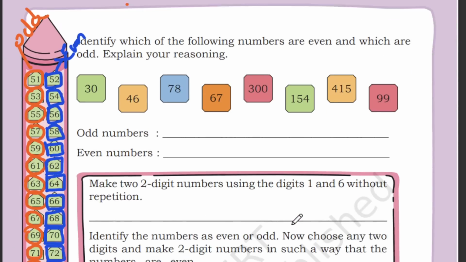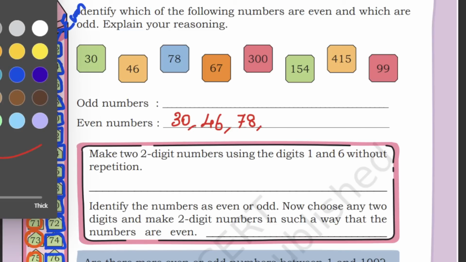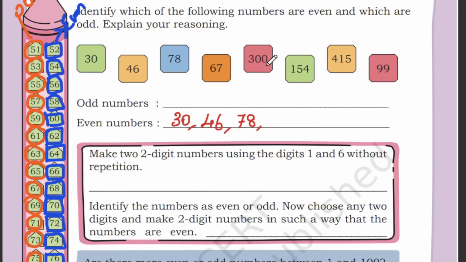Okay, so here we have 30. 30 is ending with 0. The number ending with 0 is an even number. So I'm going to write 30. Next, 46 ending with 6 is also an even number. Next we have 78 ending with 8, an even number. Next we have 67, which is ending with 7. It's an odd number.